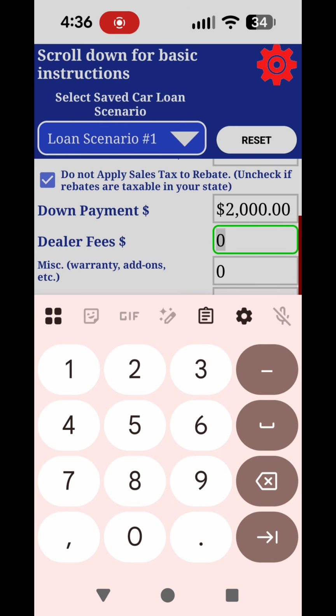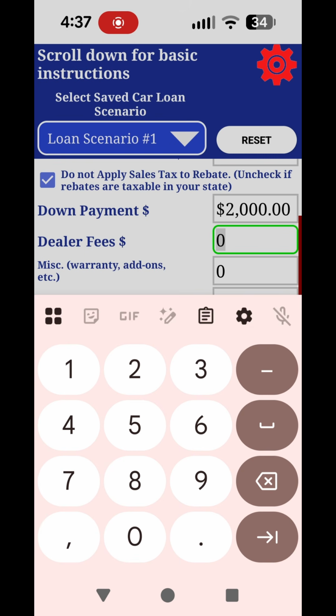Now, just going to stop there for a minute. If you are going to be adding gap insurance, we all know what gap insurance is from our other videos, this is where you would put it in. So it would be the $213 registration fee, the $490 doc fee, and that would be a total of $703.